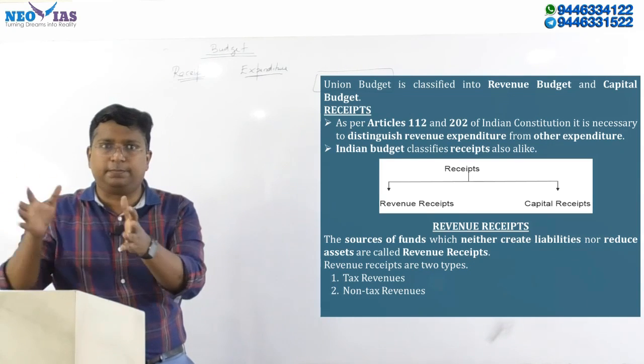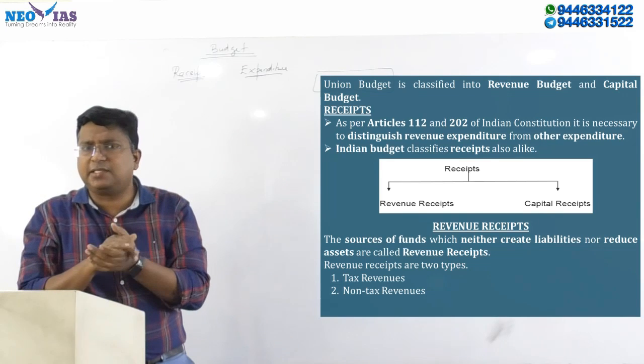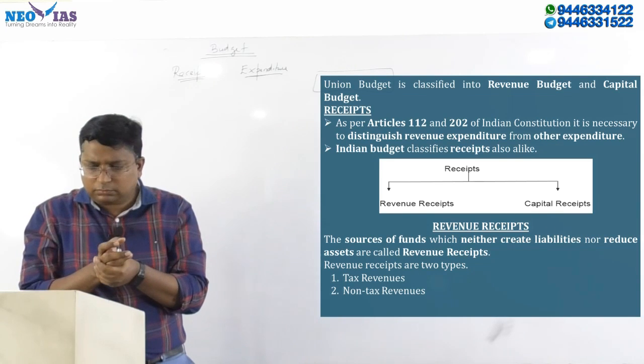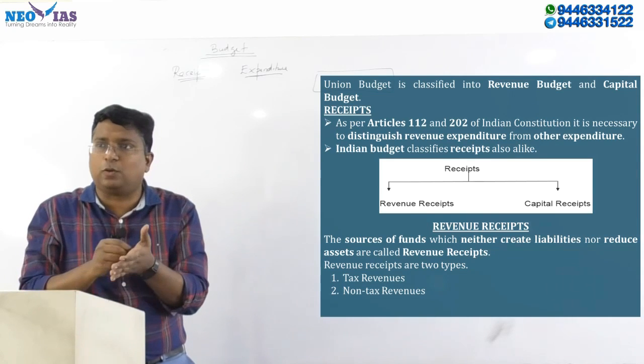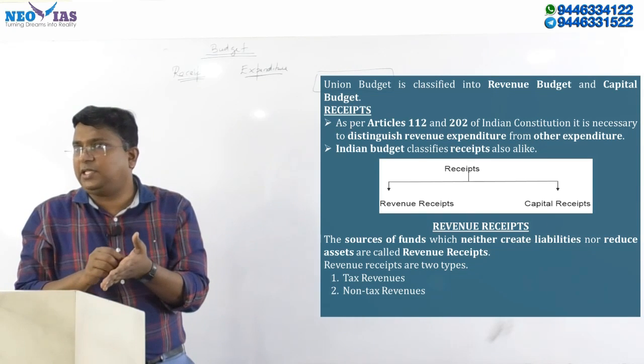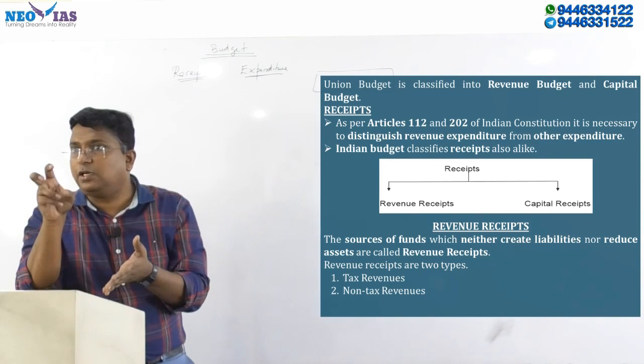These two only will be there. In order to have financial discipline, we write down our expenditure so that we can control it.